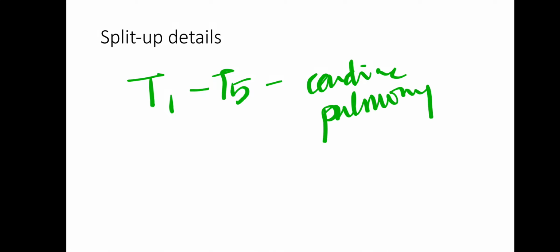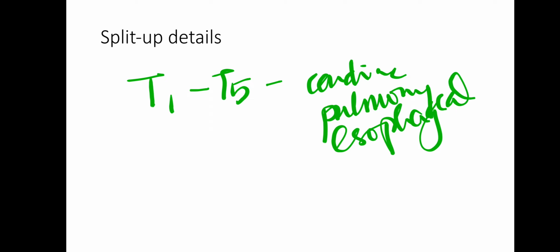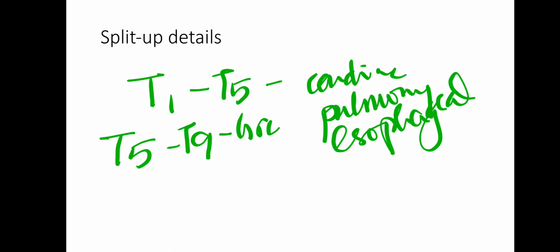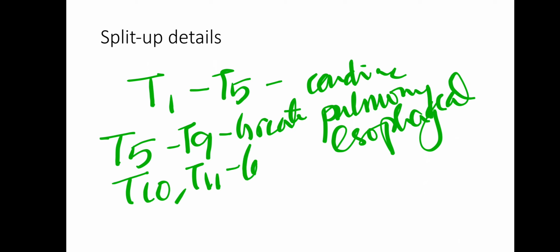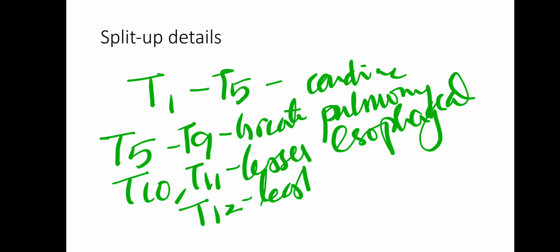T5 to T9 forms the greater splanchnic nerve, T10 and T11 form the lesser splanchnic nerve, and T12 forms the least splanchnic nerve.